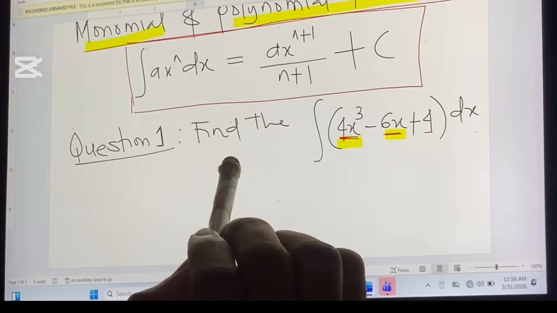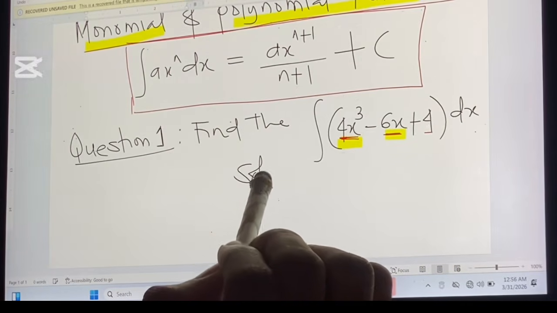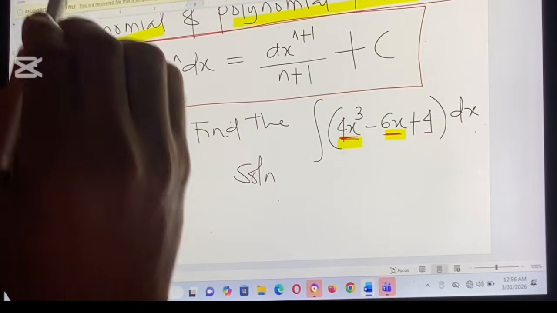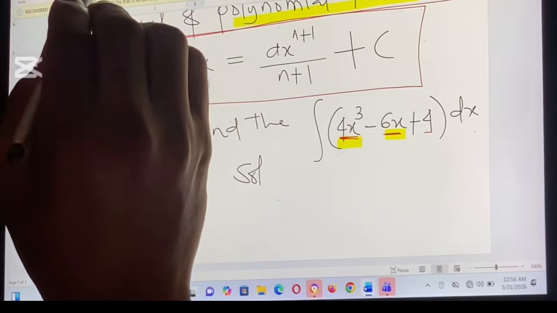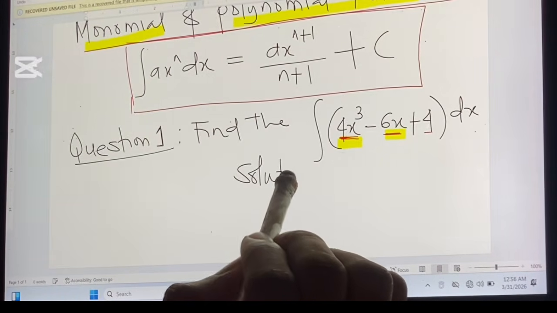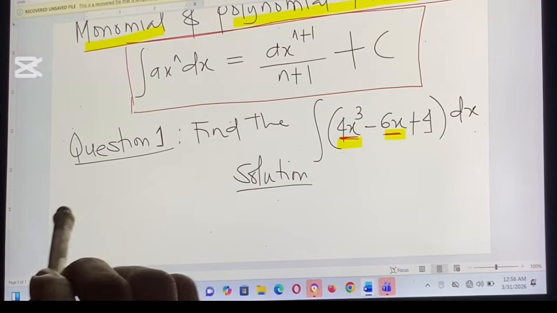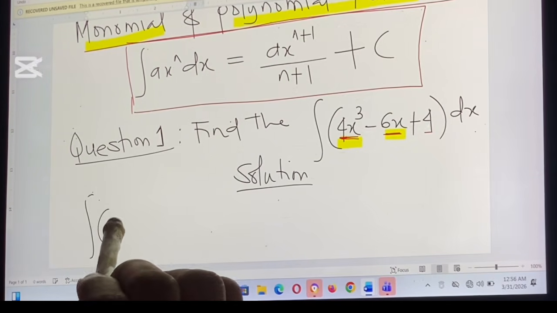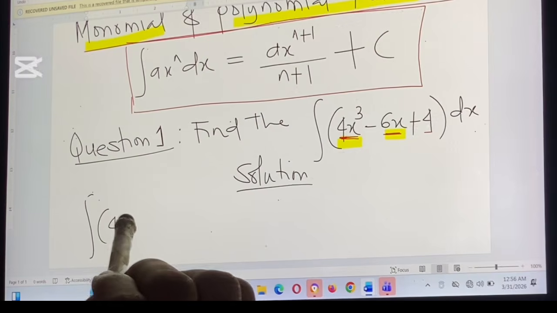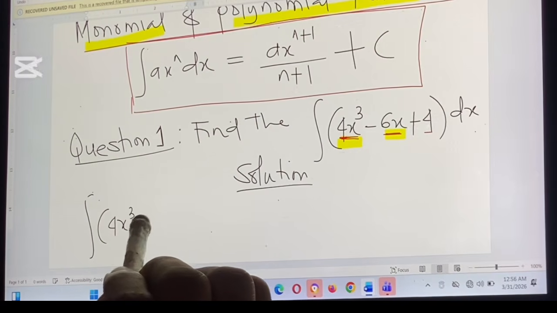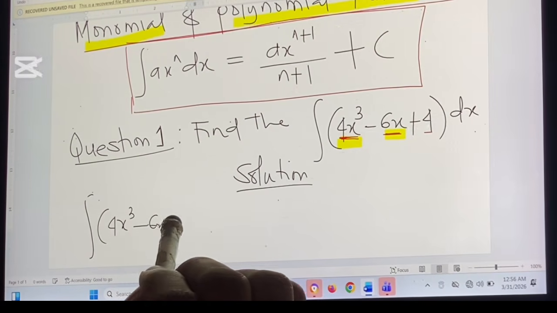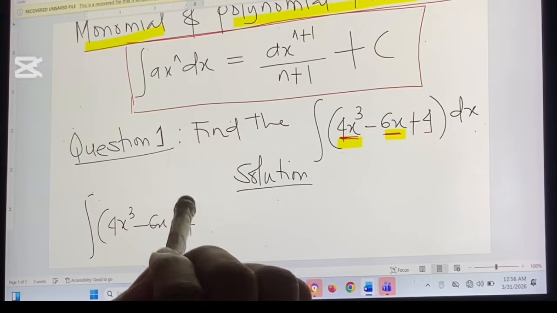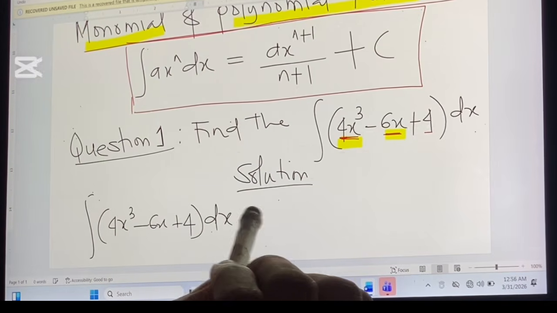Solution. So I have the integral of 4s raised to the power of 3 minus 6s plus 4 ds.